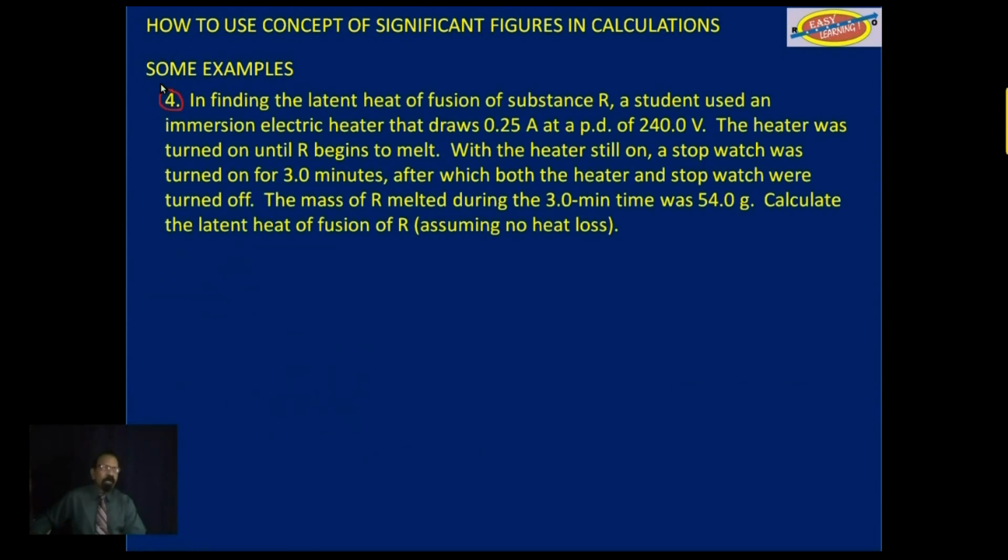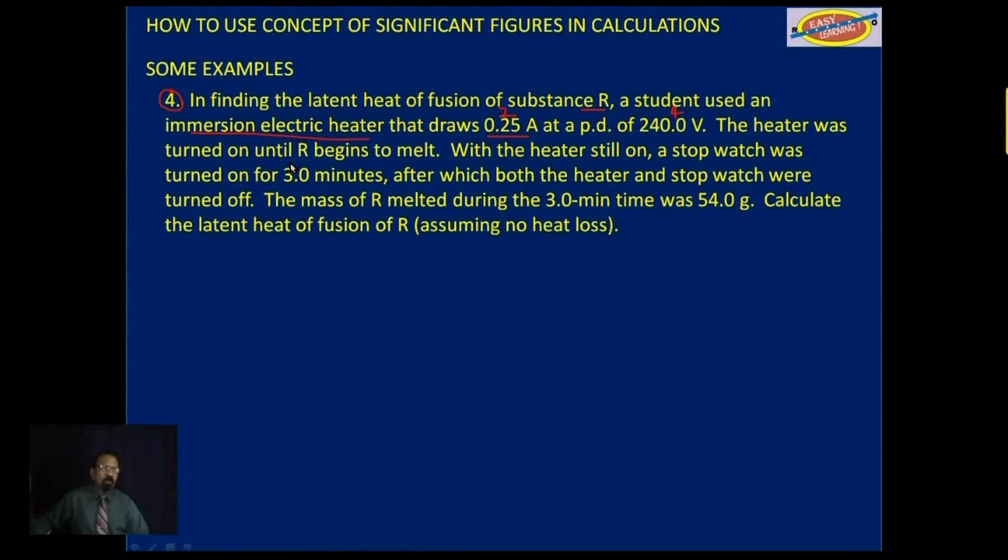Finally, in the last example, we'll be looking at the use of significant figures in these calculations. It says, in finding the latent heat of fusion of a substance R, a student used an immersion electric heater that draws a current of 0.25 amp, that has two significant figures, at a potential difference of 240.0, that has four significant figures, volts.